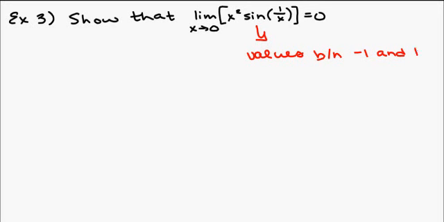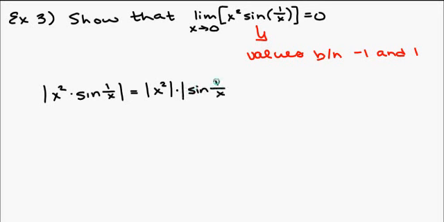And let's simplify this. Therefore, we know that the absolute value of x squared times sine of 1 over x is equal to the absolute value of x squared times the absolute value of sine 1 over x.